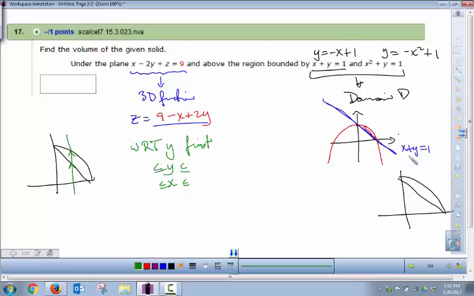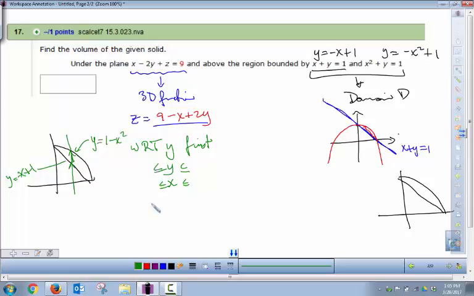Now the line is x plus y equals 1, so I want y by itself. y equals negative x plus 1. That would be my first function. Then you're going to be in the region until you get out of it, so you need to solve for y here. y equals 1 minus x squared.